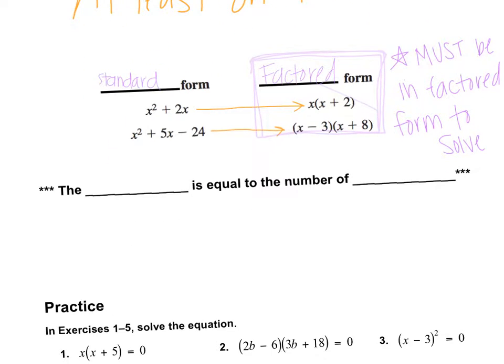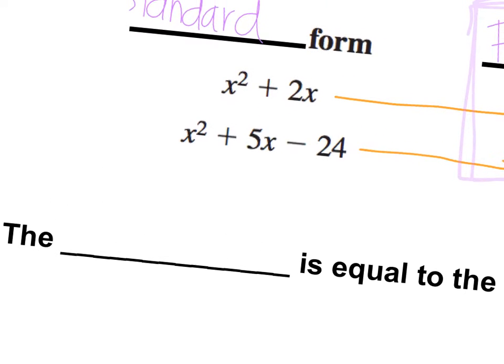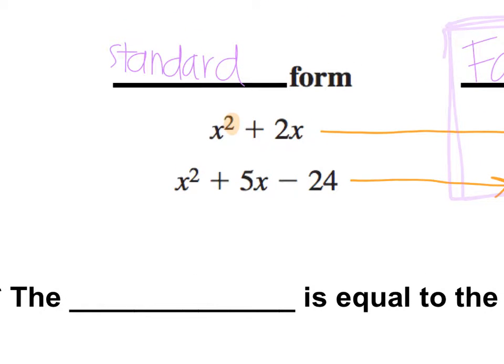So the blank is equal to the number of blanks. Does anybody remember, I told you that you did not have to remember this, so if you don't, I'm not going to be mad. Does anybody remember what this 2 is? There is a name for that 2, the highest exponent. It starts with a D. It's okay, I told you didn't have to know it.